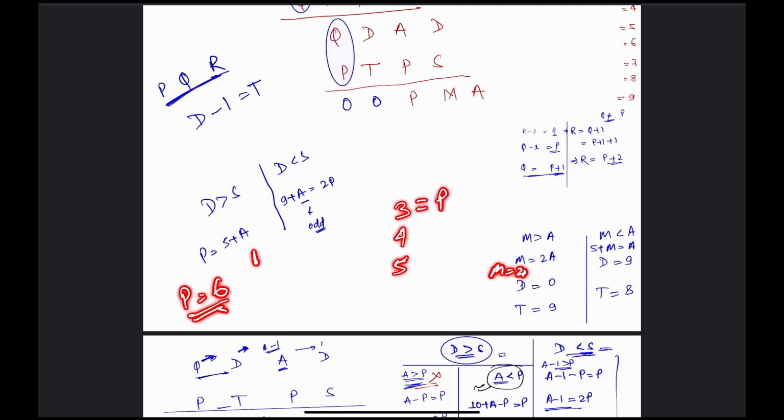So P will be 3, Q will be R, because this is only possible. 1, 2, 3, 4, 5, 6, 7 still unknown, 9, 0. Yeah, this is also a possibility. D will be less than S. So 1, 2, 3, 4.